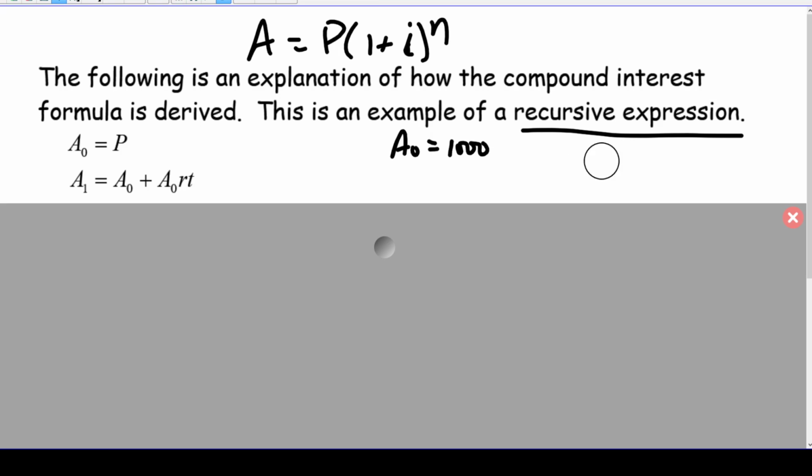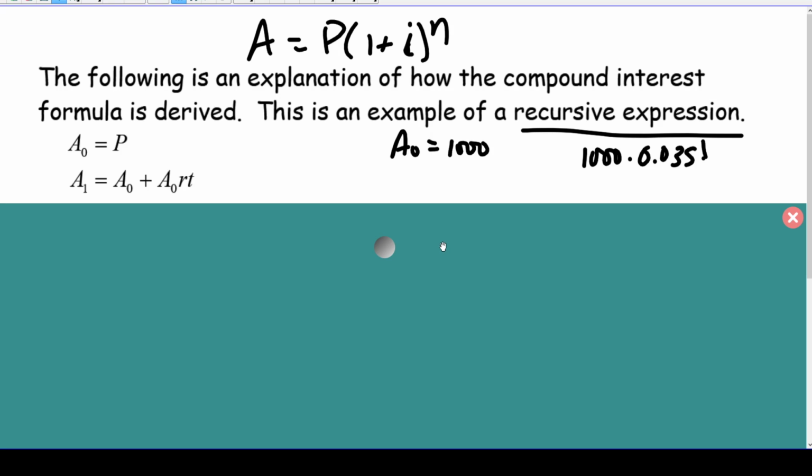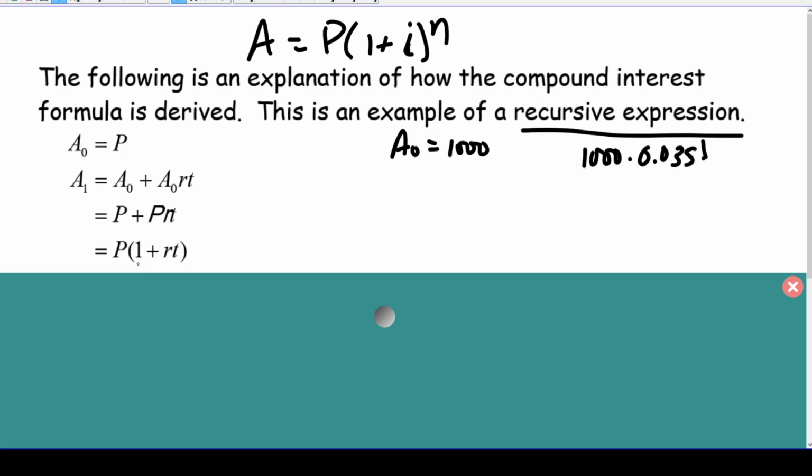Or in this case, A0 RT, which would have just been the $1,000 times the interest rate times the 1. So that's what this is. Now, if we replace A0 by P, we get P plus PRT, which is actually our simple interest formula.